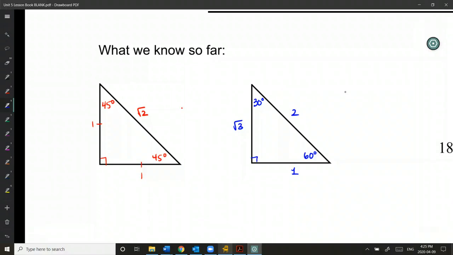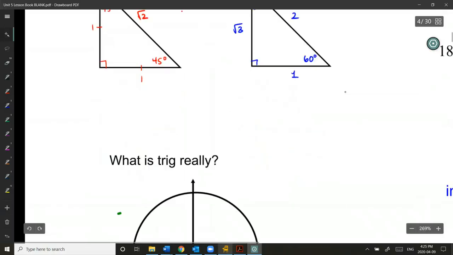So from these, we can set up exact values from our trigonometric ratios, sine, cos, and tan, of each of these angles, and that's basically what we did in our first lesson.